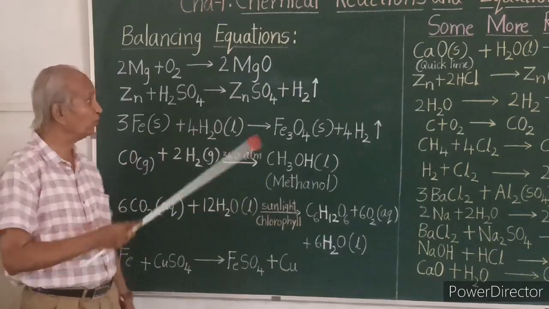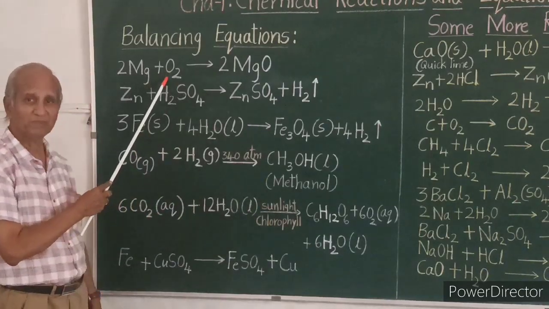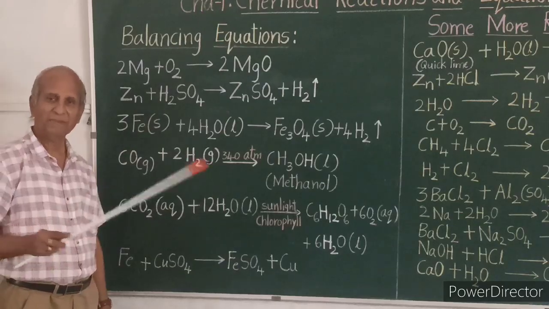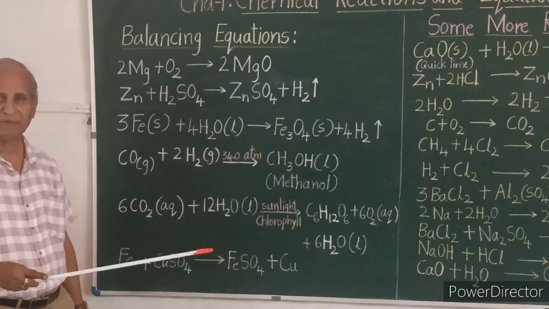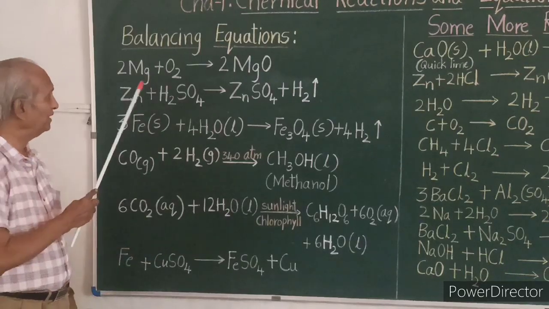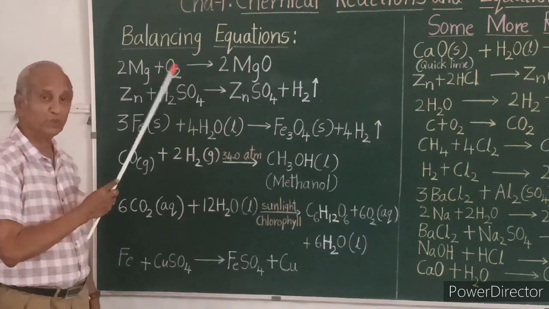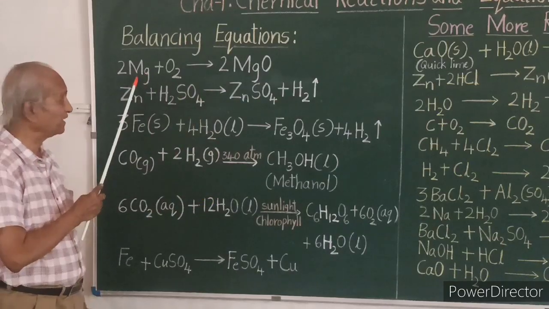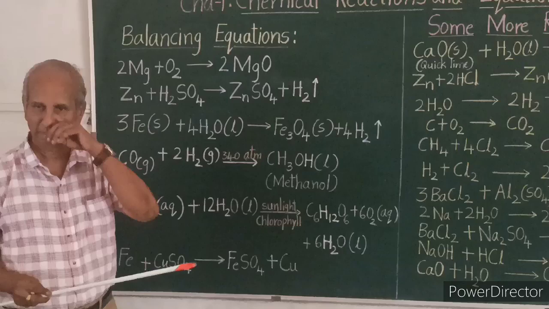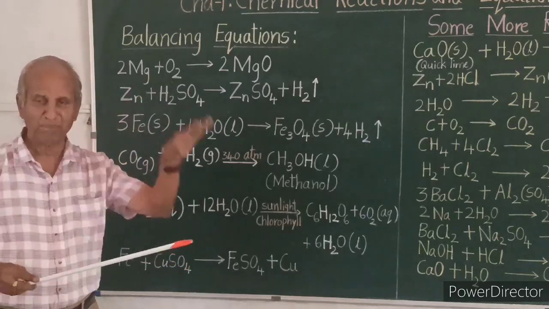It has to be capital O. When an element has a single letter symbol, the letter will be written in capitals. When an element has a two-letter symbol, the first letter will be a capital letter and the second letter will be a small letter. Now the question of balancing it.